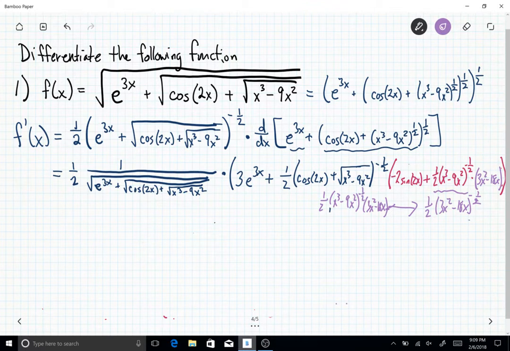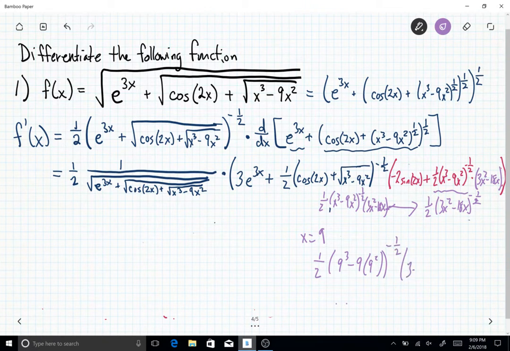My suggestion would be x equals 9. Plug it in. And notice you get 1/2, and then this thing would be 9 cubed minus 9 times 9 squared, all raised to the -1/2. Remember, that's going to put it in the denominator.